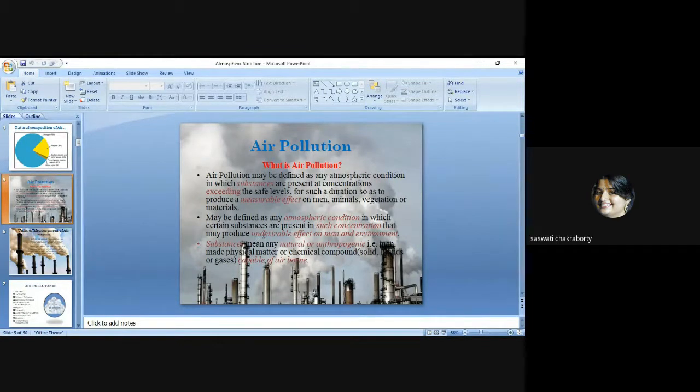The effect is an undesirable effect on man and environment. These substances can be natural as well as anthropogenic, and anthropogenic substances are those that enter the environment through human activity. And of course, the substances need to be airborne for air pollution to occur.